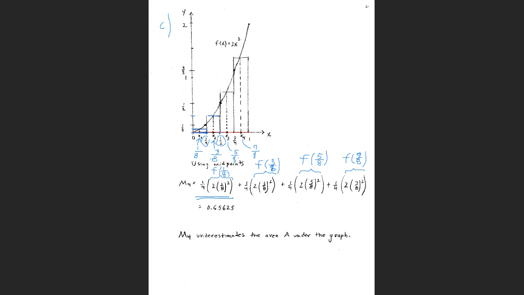So what you're doing is you're taking your delta x and you're multiplying delta x by the height of each rectangle. And I'm putting in this notation because it's going to be helpful for the next example that we're going to do. If you add all this up, you're going to get 0.6525.